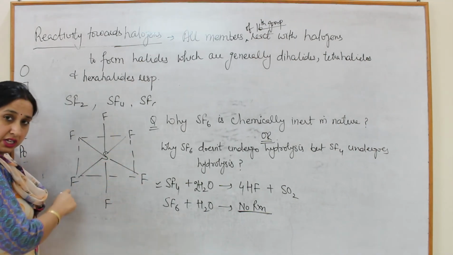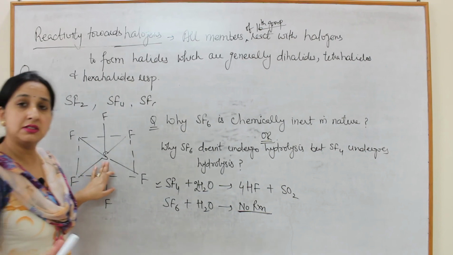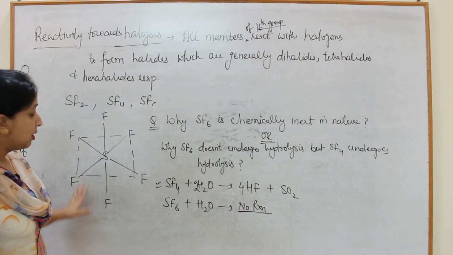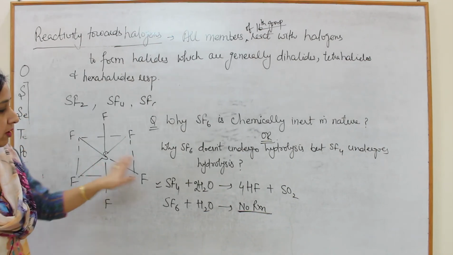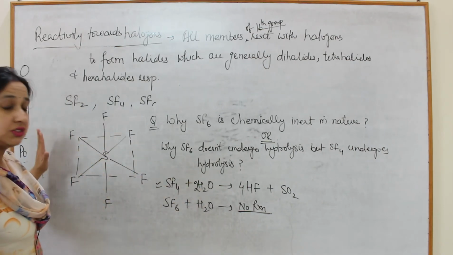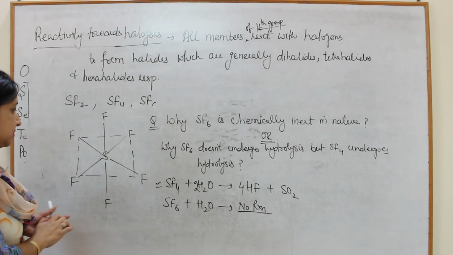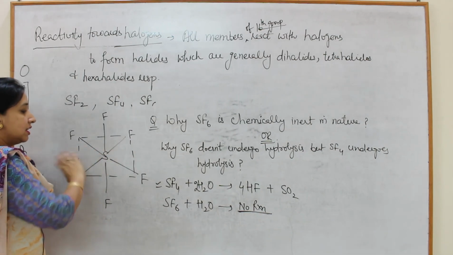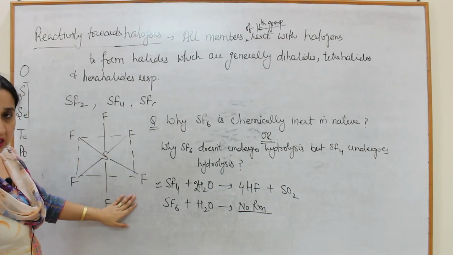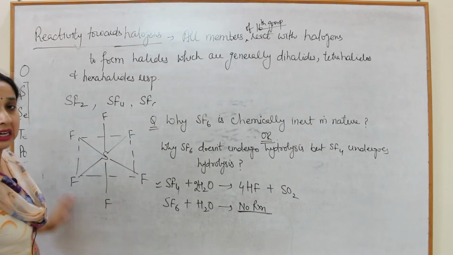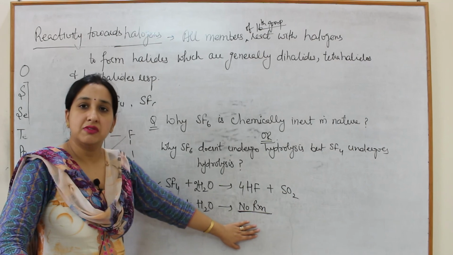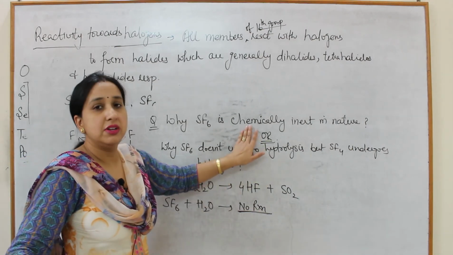These 6 fluorines cover this sulfur properly, or you can say these 6 fluorines protect the sulfur from the incoming reagent. There is a steric hindrance. Steric hindrance means the sulfur is surrounded on all sides by the fluorines.